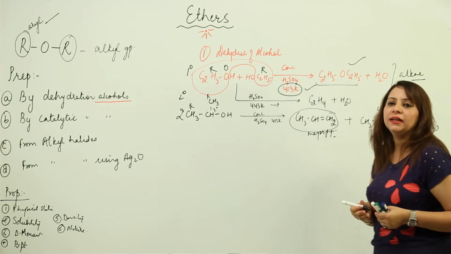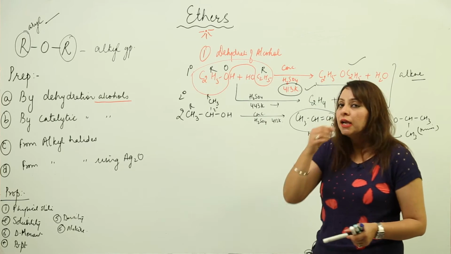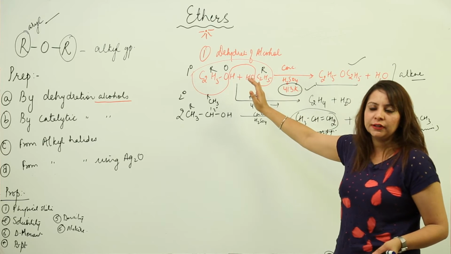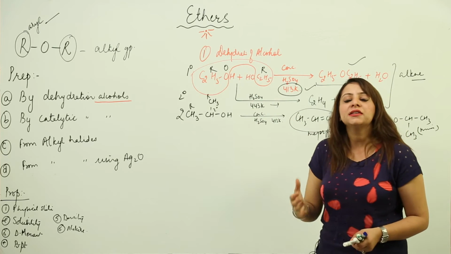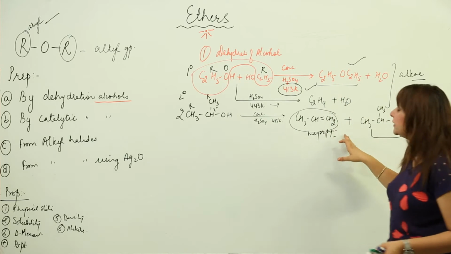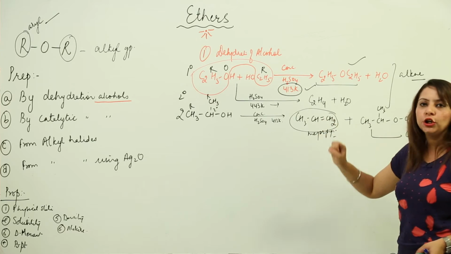That is why we do not use secondary or tertiary alcohols. Instead we prefer primary alcohol. There is a chance in this also that it may produce alkene, but there the alkene acts as a secondary product, whereas here it acts as the primary product. Therefore we do not take 2 degree or 3 degree alcohol.